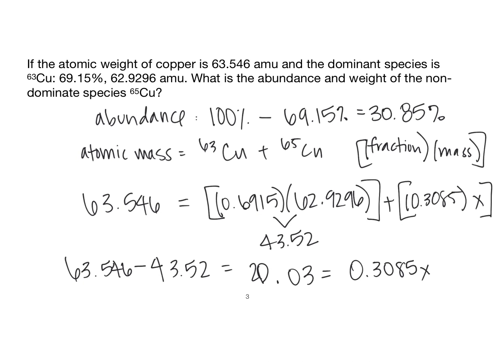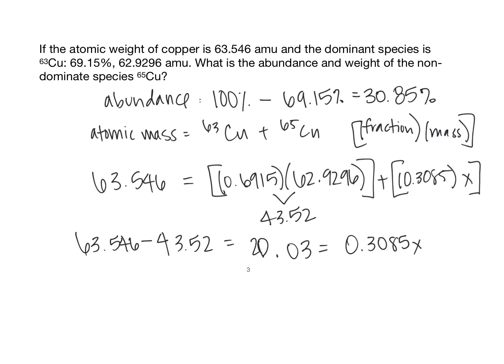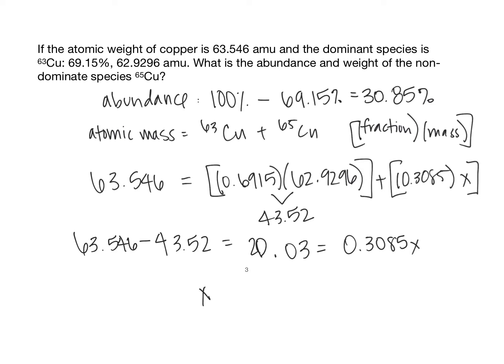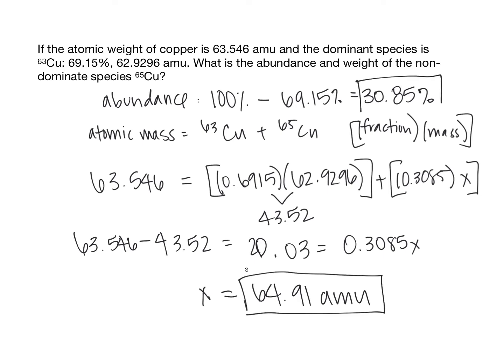We're solving for x. So x in this case is equal to 64.91 AMU. The final answer includes this value and this value for the atomic weight of copper. For any of these, what we want to think about is the equation and making sure that we account for the fractional abundance of each isotope.